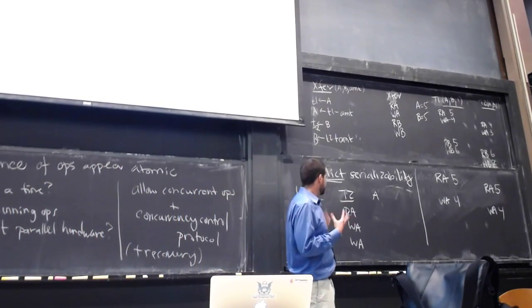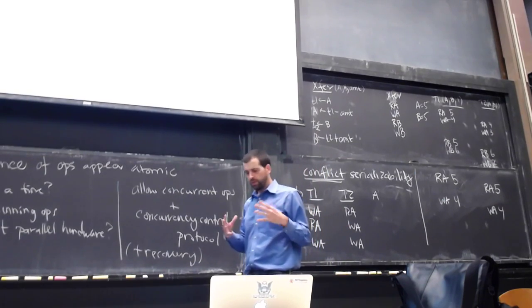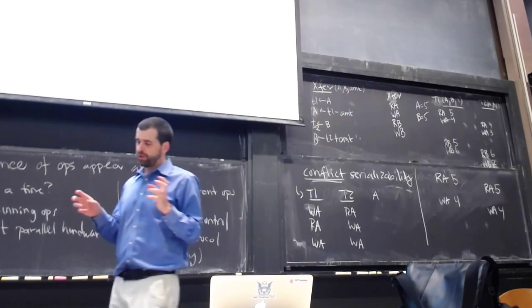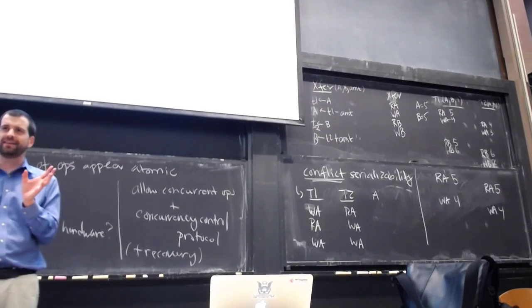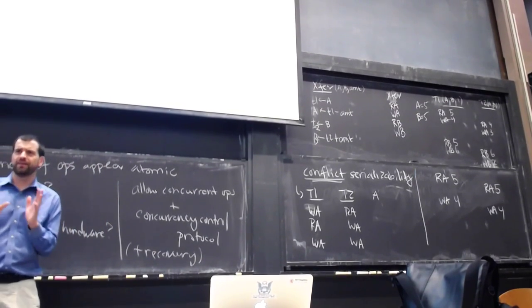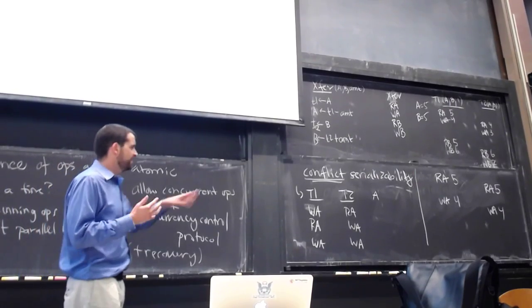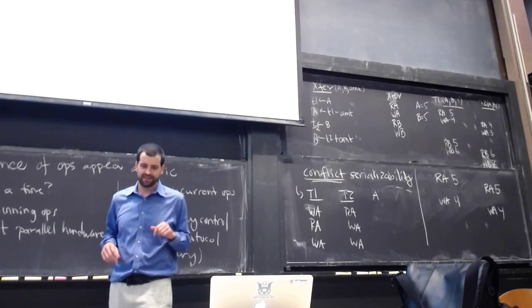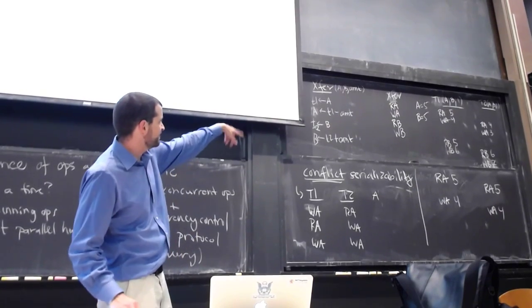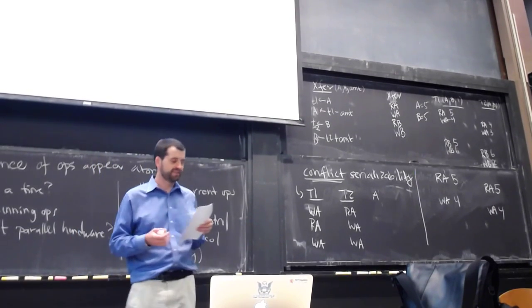But conceptually, everything that we're going to say is going to hold whether these things are records or entire tables or fragments of tables or pages on disk. In fact, these objects are pretty abstract and can be anything that's stored inside the database. But for now, it's best to think of them like we have in this example here, as bank account balances.